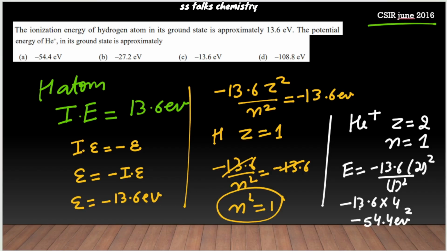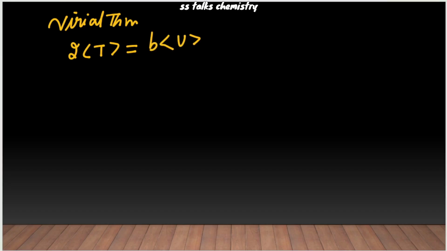Now read the statement again. The potential energy of the helium positive in the ground state is approximately. So we are not asked the energy, we are asked the potential energy. So here the role of virial theorem will come into play. According to the virial theorem, 2 times the kinetic energy is equal to B times the potential energy, where B is the power of the position that you have.